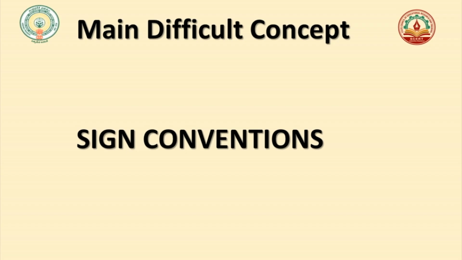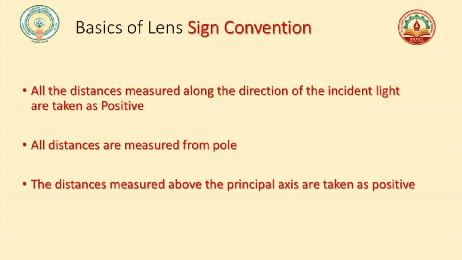For every sub-concept we summarized and checked for understanding, and we integrated those sub-concepts to learn the main difficult concept, sign convention. Now, what are the basics of lens sign convention?